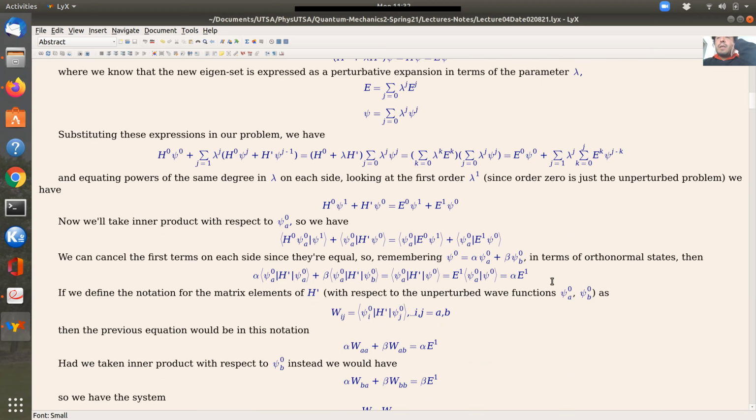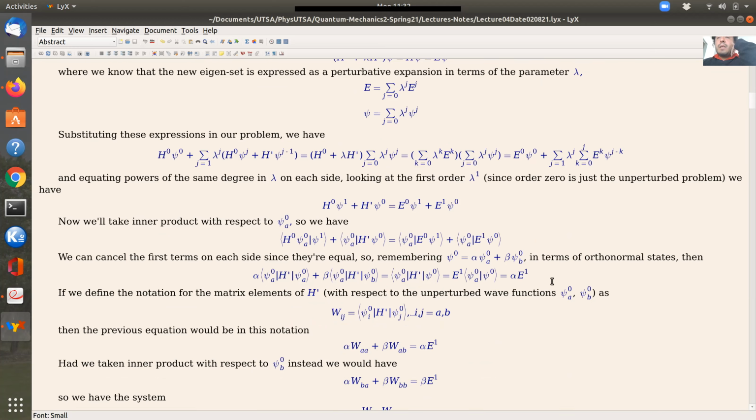We basically use linearity on this side. Likewise for this other term. So be mindful that this term and this term are the ones we canceled due to psi 0a being an unperturbed eigenfunction for H naught. And over here, we can apply linearity in the sense that one of the terms will die out.